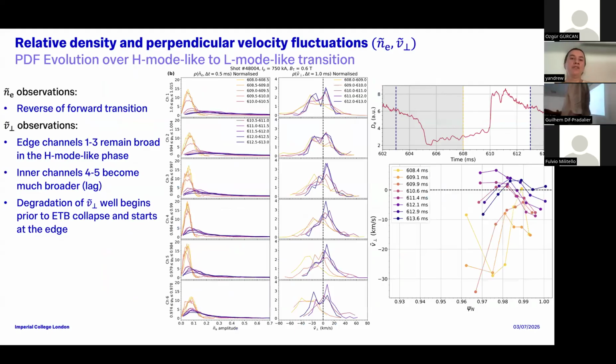Okay, and so we've looked at the back transition. So here we're going from the yellow to the blue now, from the H mode-like phase through to the L mode-like phase, to see if the process was similar, or if there were differences. For the relative density fluctuations, it's a similar process. There weren't any notable differences here when we look at the PDFs.